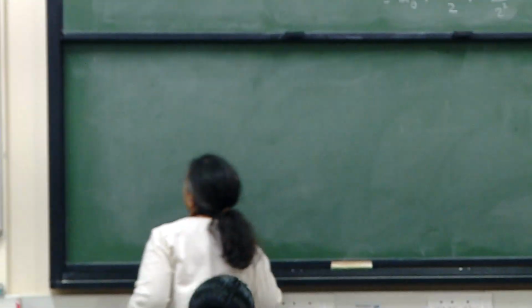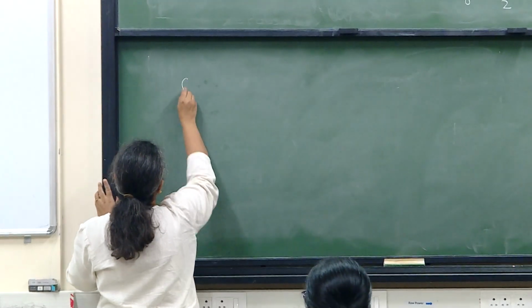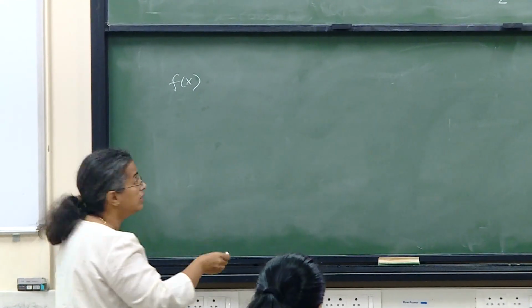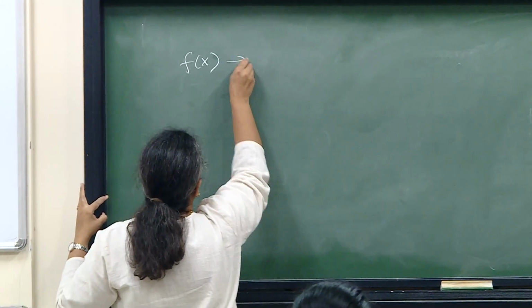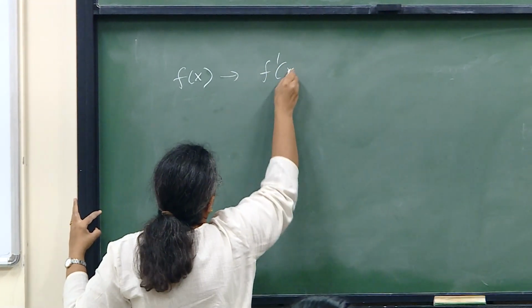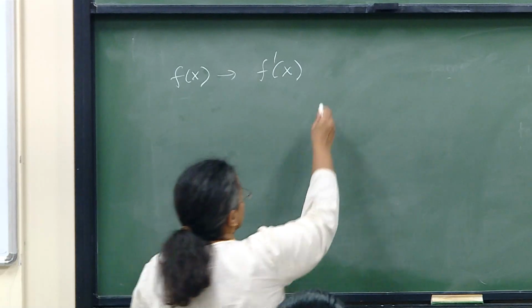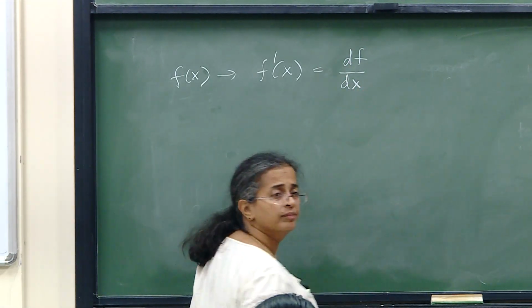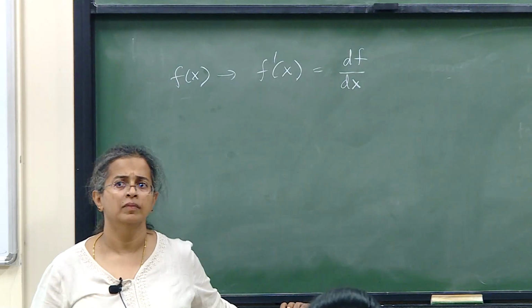So I want to find, given f of x, let's assume a derivative exists, f prime of x. What is f prime of x? df by dx at whatever x I want. Okay.